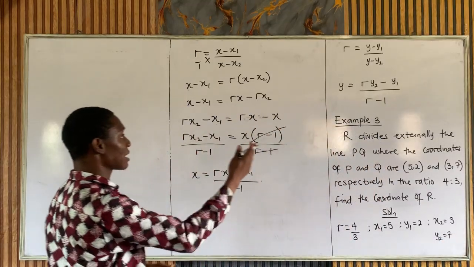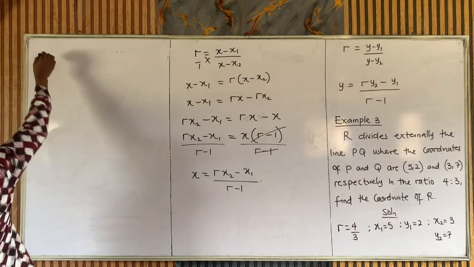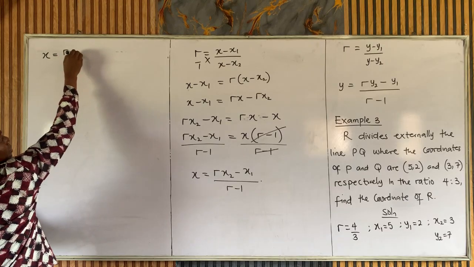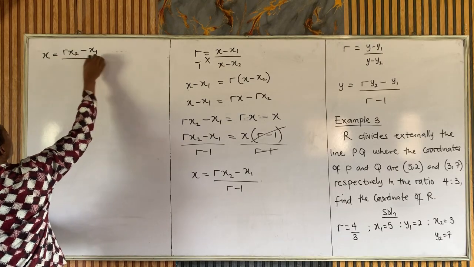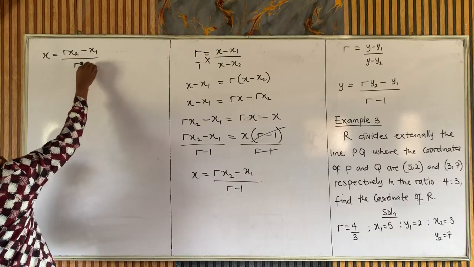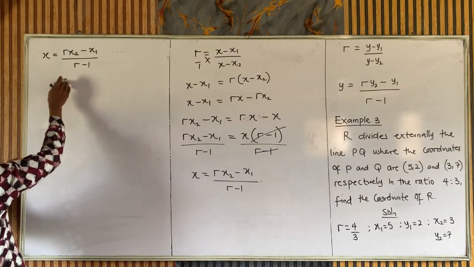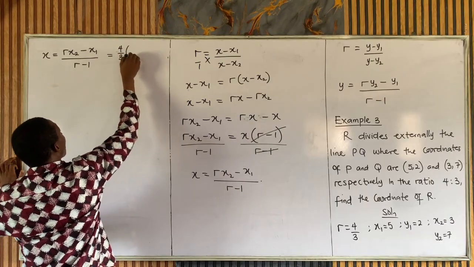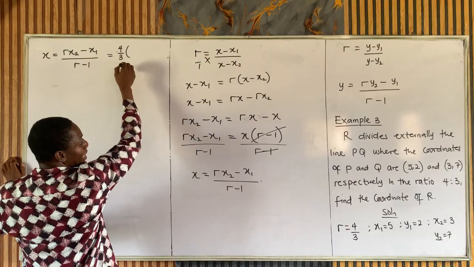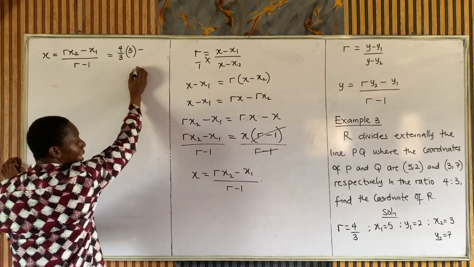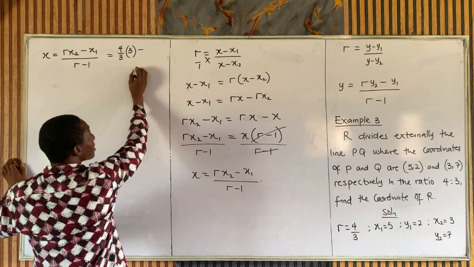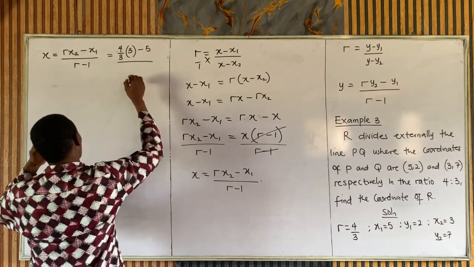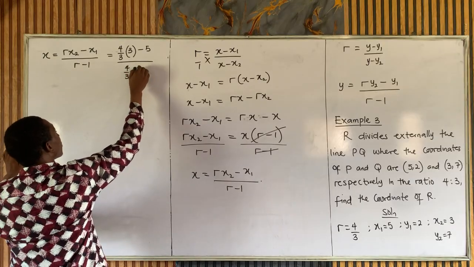So using our formula, and that's the reason why I did not erase it, the x coordinate of R is given as Rx2 minus x1 over R minus 1. Our r is 4/3 times our x2, which is 3, minus our x1, which is 5, all over 4/3 minus 1.